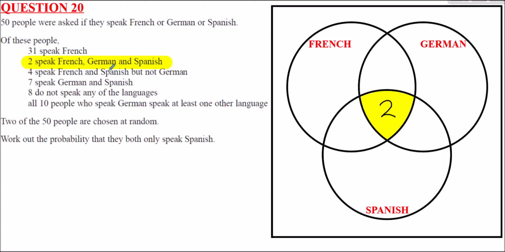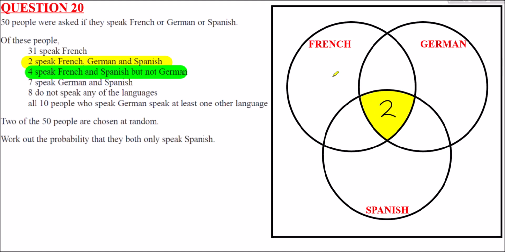Next, what other overlapping bits do we have? Well, we're told that we have 4 people that speak French and Spanish, but not German. So if they're speaking French and Spanish but not German, that means it's where the French and Spanish circles overlap. So they overlap here, but they're not speaking German, these people.